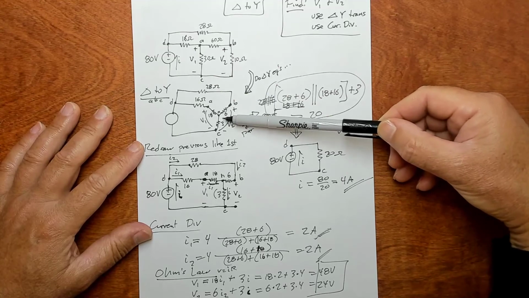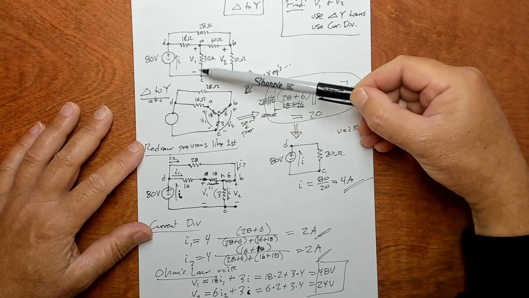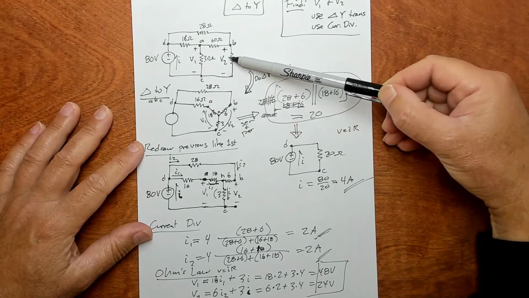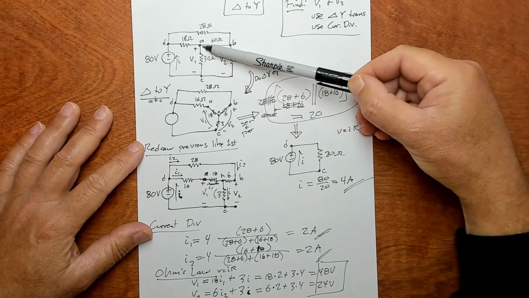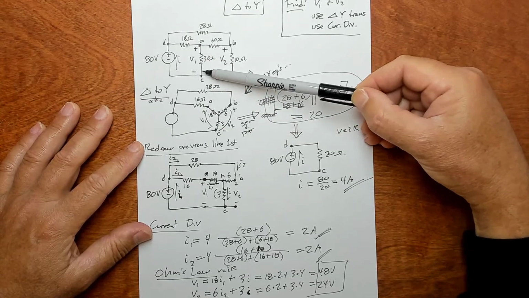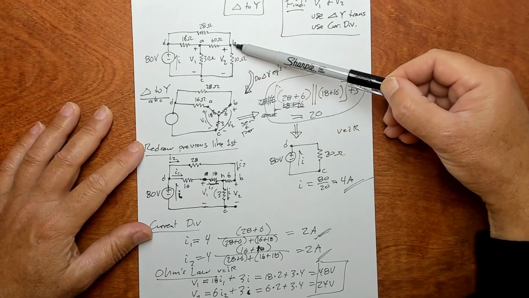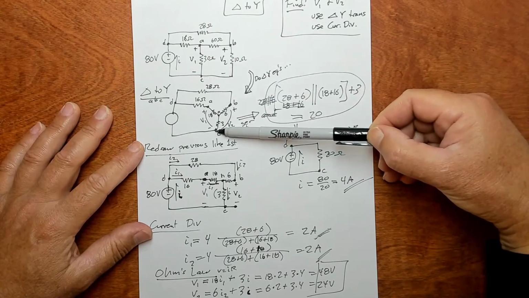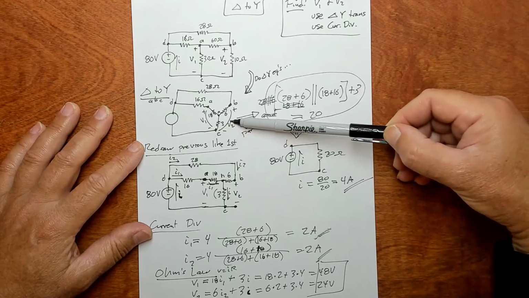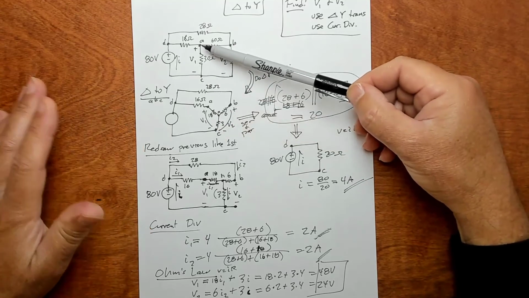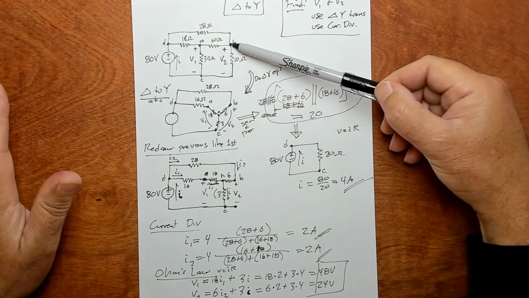They're still present in the Y configuration because V1 is between A and C, V2 is between B and C. But even though here there's one resistor between AC, now there's two resistors between AC, and likewise here there's one resistor between BC, but now there's two resistors between BC. But there's still V1 and V2 because V1 and V2 are measured between the nodes, really.